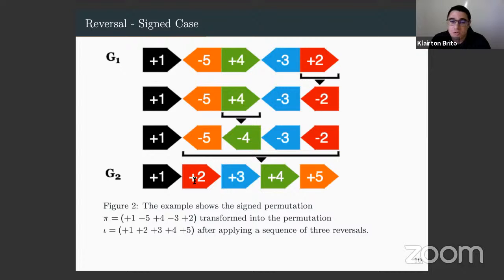The first reversal is applied to the element +2, and we obtain the element -2. The second reversal is applied to the element +4, and we obtain the element -4. And the last reversal is applied to a block with 4 elements, inverting the segment and also swapping the sign of the elements of the affected segment.